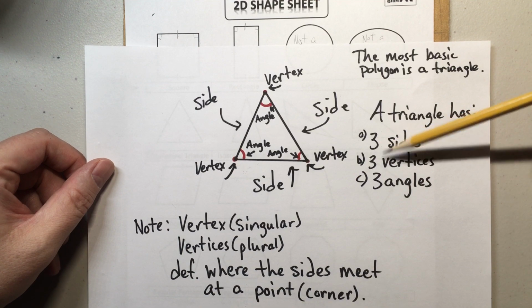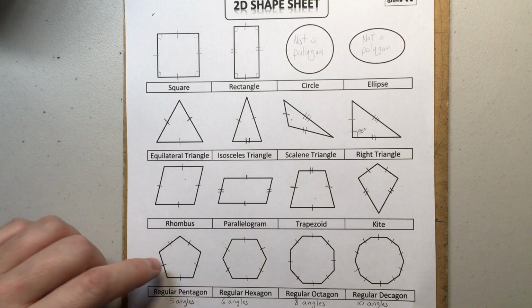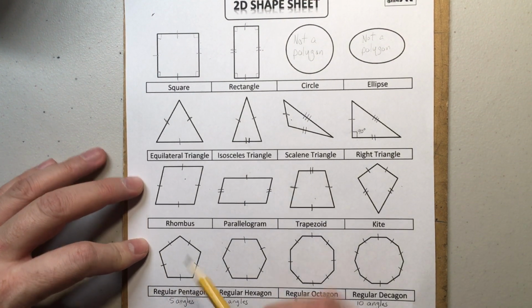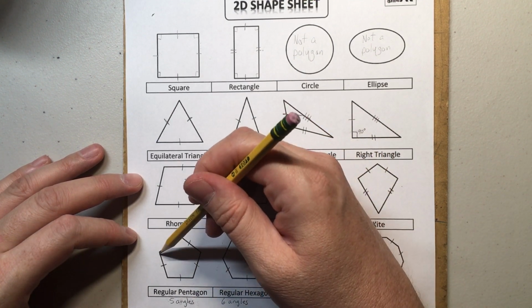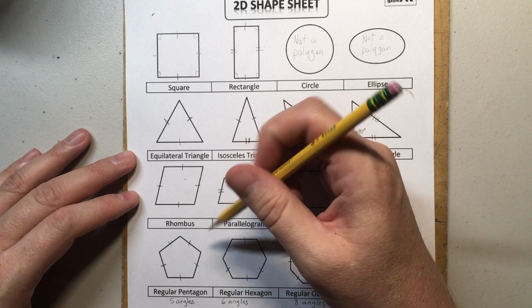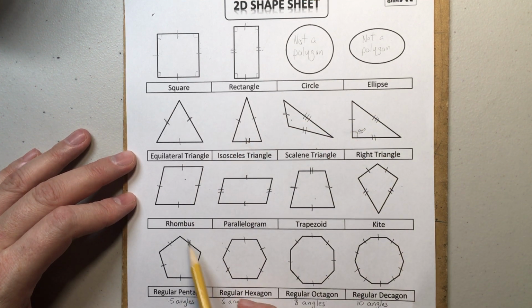So for example, when I look at the regular pentagon, it has 1, 2, 3, 4, 5 sides. It also has 1, 2, 3, 4, 5 vertices. And it also has 1, 2, 3, 4, 5 angles.